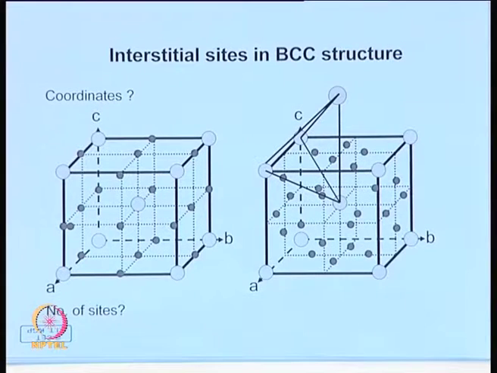Now, let us look at these crystal structures a little more carefully and look at the interstitial sites that are present in a lattice which can accommodate a second element or second atom. This will be of great importance in subsequent lectures, particularly to understand the structure that you get in steel.